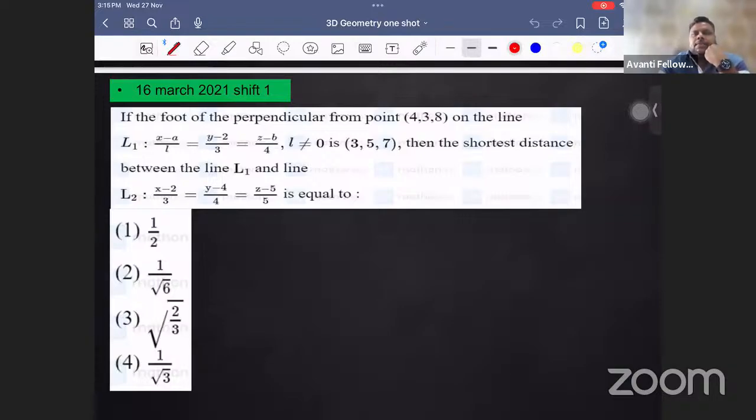Well, let's do. Understand thoroughly how to attempt this question. See, this is a line given to you.